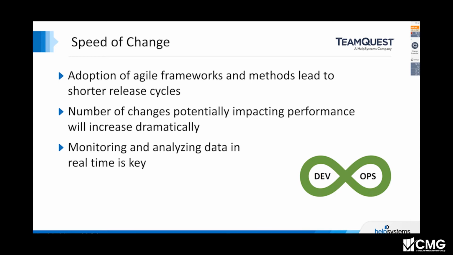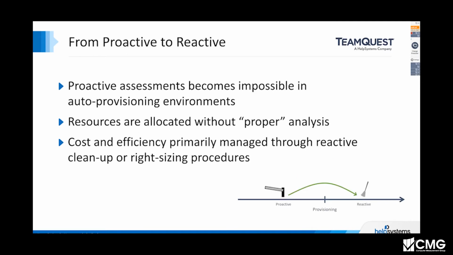Another thing that we've already mentioned is moving some of the activities from proactive to reactive. Proactive has always been the guiding principle that defined capacity management, doing proactive assessments, but that's really hard to do in on-demand provisioning or self-service environments.